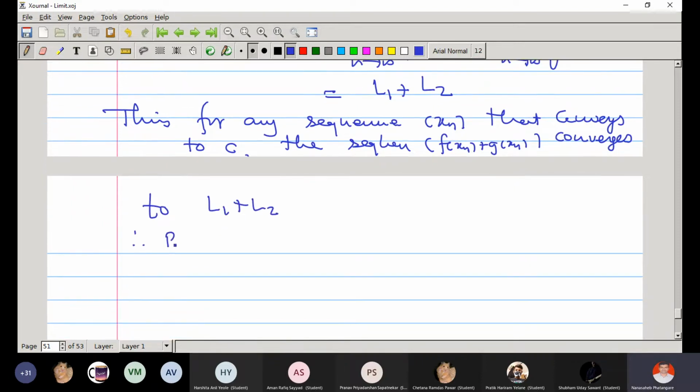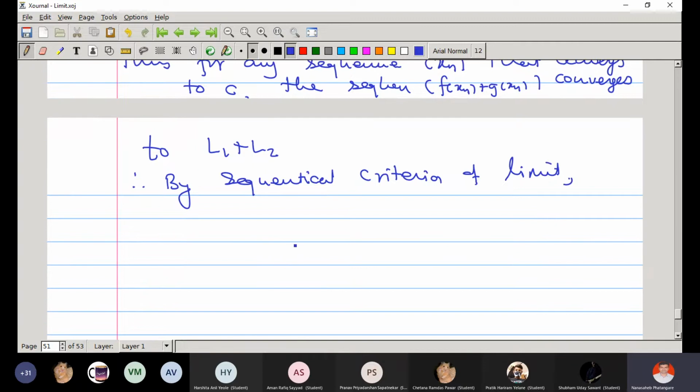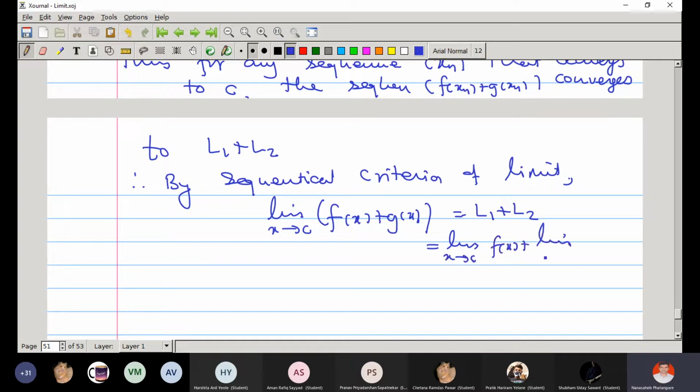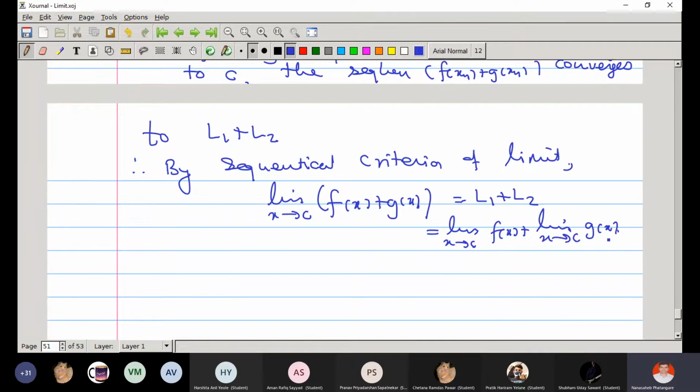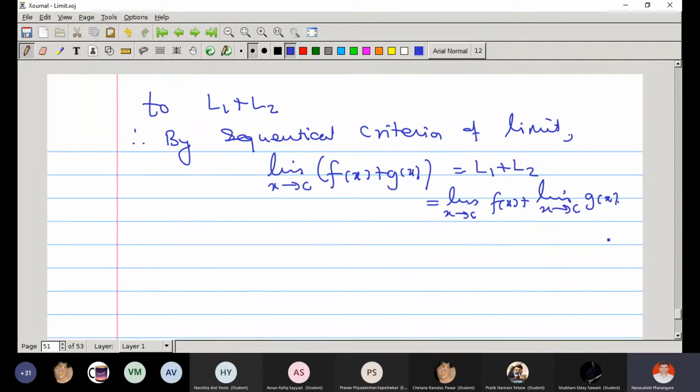Therefore, by the sequential criteria of limit, for every sequence this is going to happen, so the limit as x tends to c of f(x) plus g(x) should be L1 plus L2. That means the limit as x tends to c of f(x) plus the limit as x tends to c of g(x). Fine. Logically everything is clear.